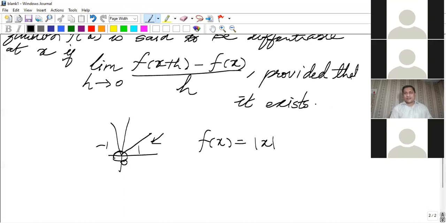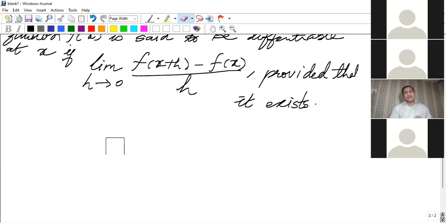So that's why the condition is very important that this limit has to exist. If the limit exists, then we say it is the derivative. If the limit does not exist, then it is not a differentiable function. This is a very easy and familiar example.